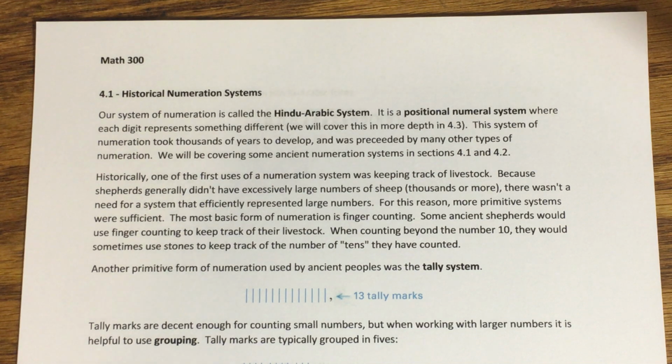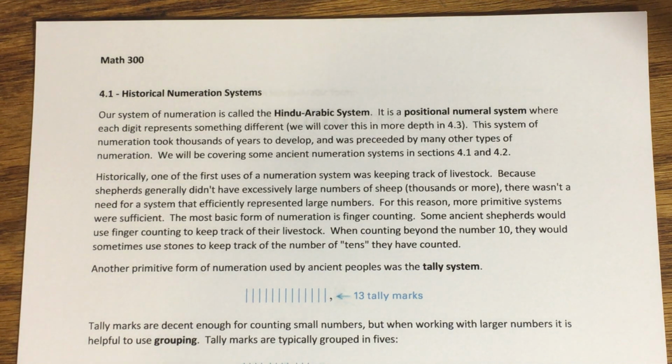What we're looking at in chapter 4 is numeration systems, which are just the way that we symbolically represent numbers. Now, the first two sections of chapter 4, 4.1 and 4.2, we're going to be looking at ancient historical numeration systems. And we're not actually going to talk about every single one of them that's given in the book.